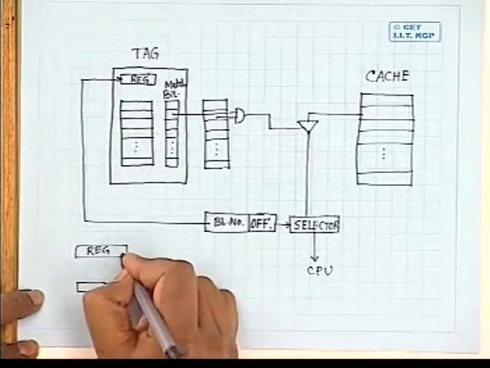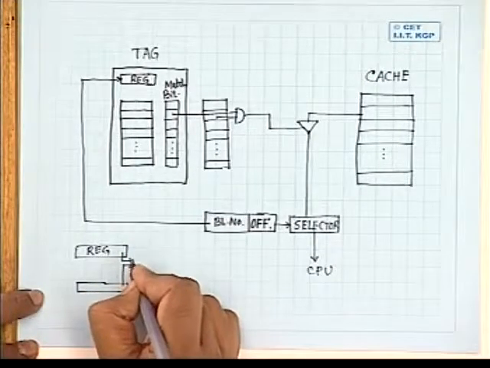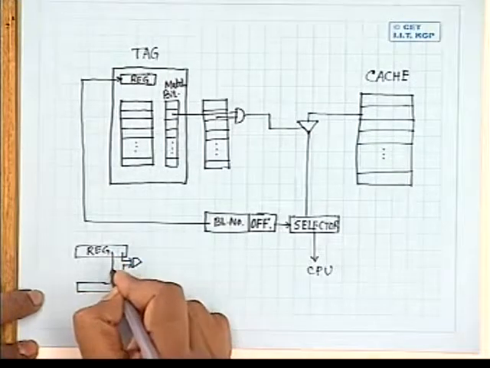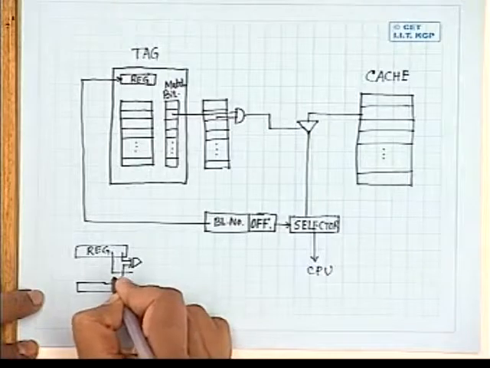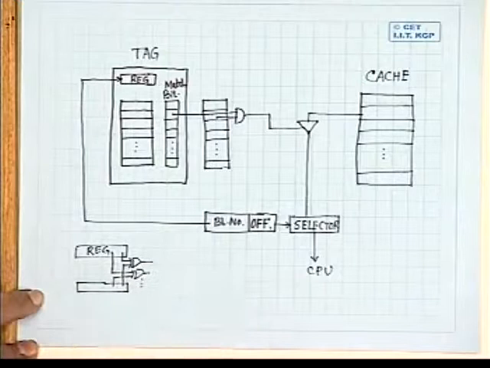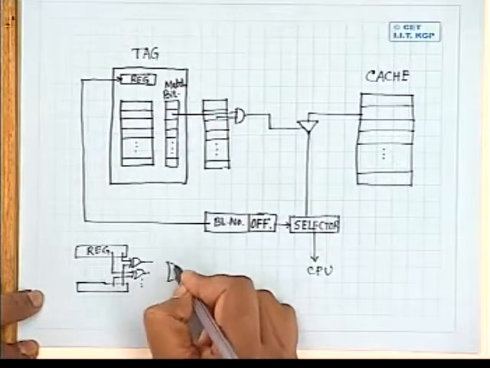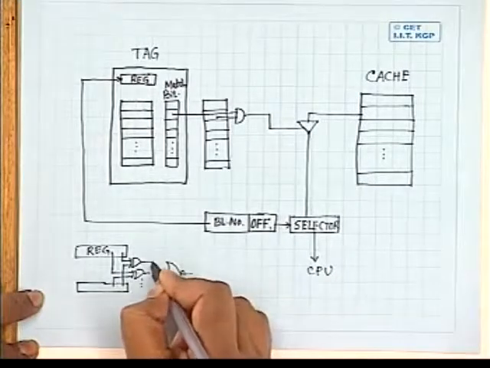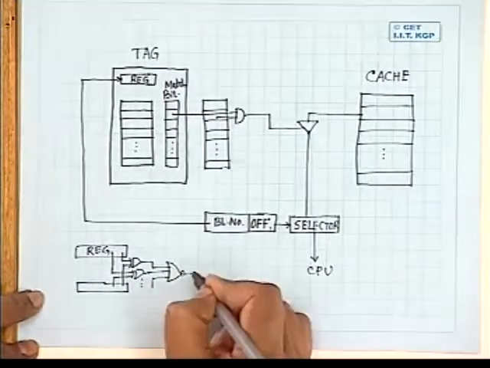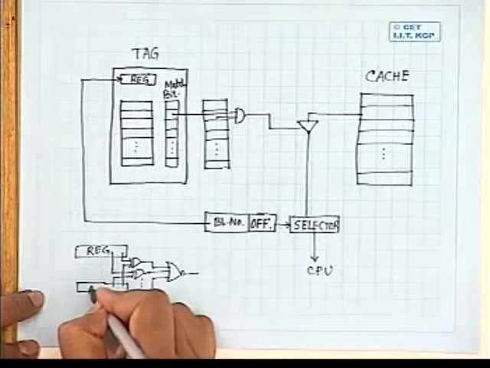Every bit of this register is XORed with the corresponding bit in the tag memory location. So I have an array of XOR gates like this. All these XOR outputs are then passed through a NOR gate. So this is a particular tag memory location.